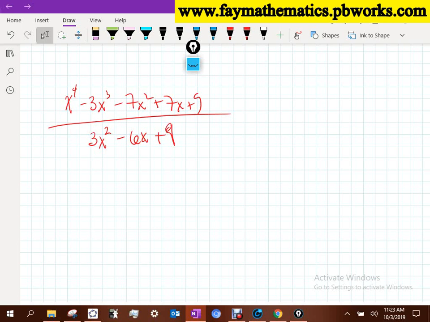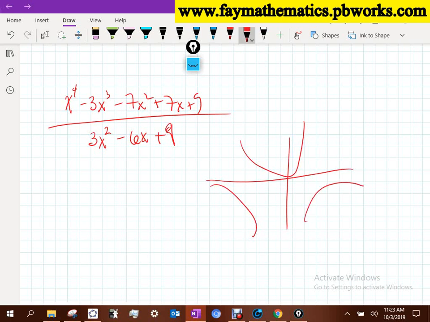And this function is probably going to look something like this when we graph it. That could be completely wrong, but it's going to be messy looking. We want to figure out where this thing is positive, where it is negative. A sign chart is going to be much more concise than actually graphing this thing. Does that make sense? So that's kind of where we're going with that.